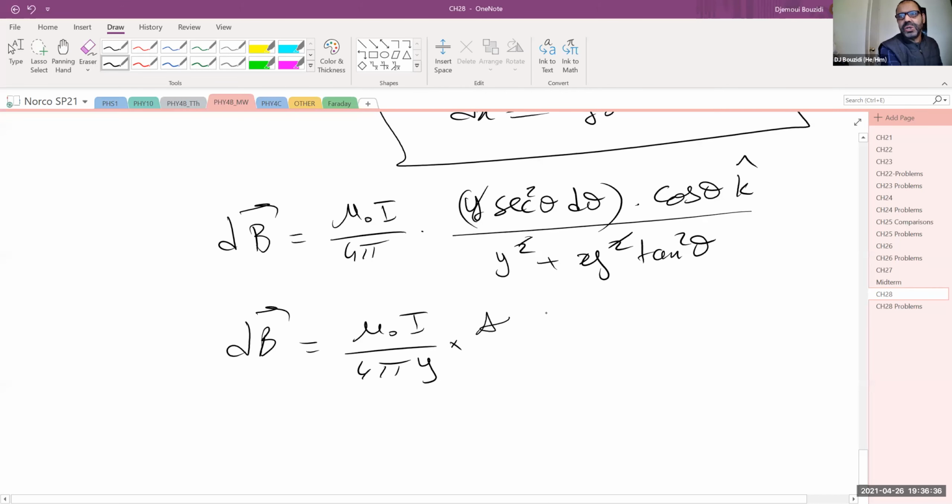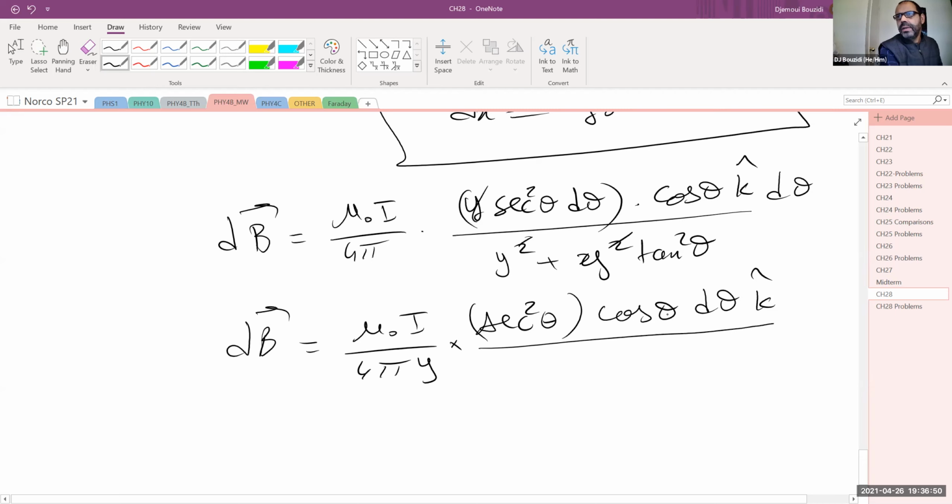I have a secant squared. I know some of you are eager to cancel one of the secant squared with the cosine theta. Just leave it for right now because it's going to go away on its own. Cosine theta, oh, I'm sorry, d theta, I forgot d theta in here. d theta k hat. Oh, the d theta is there, I'm sorry. It's part of the dx.